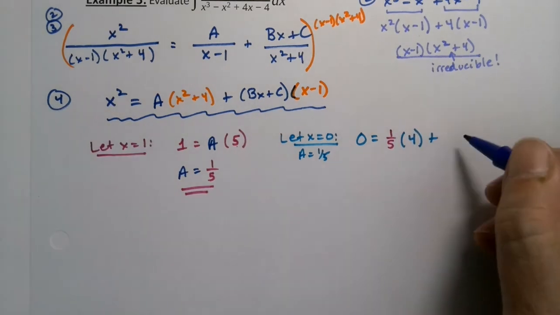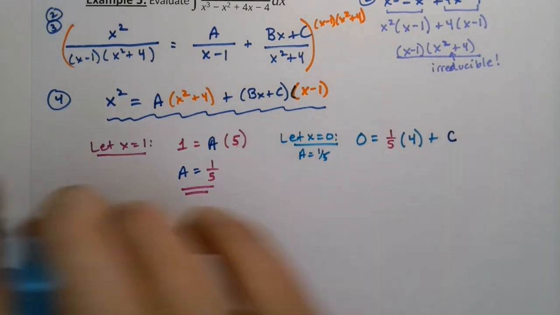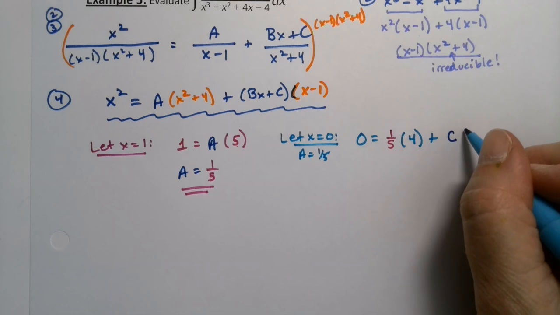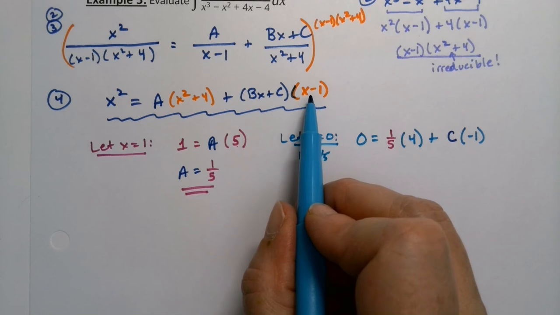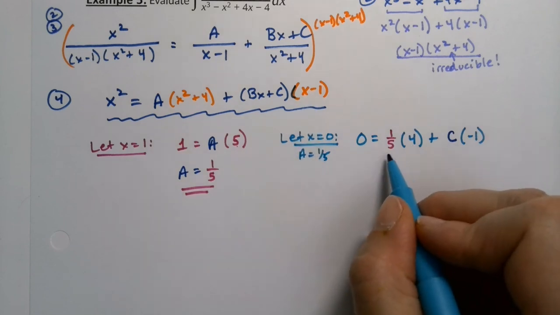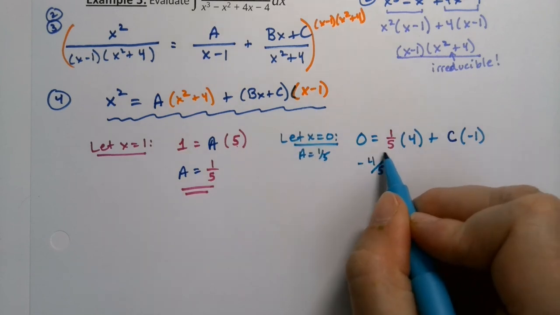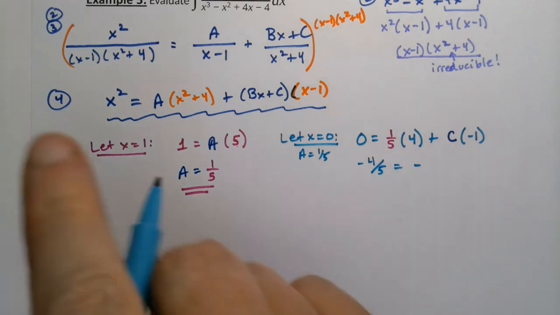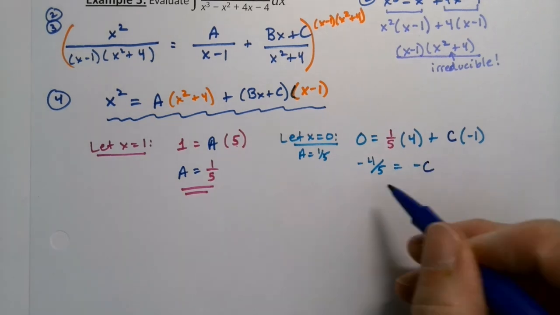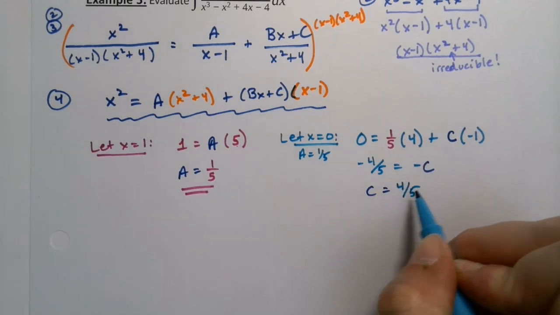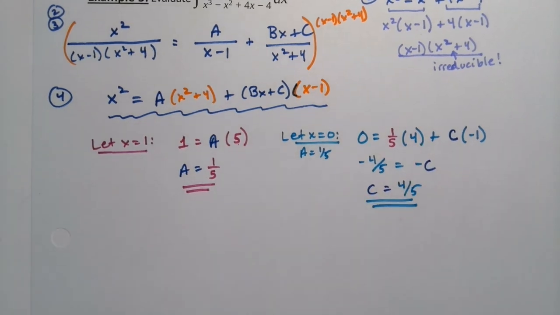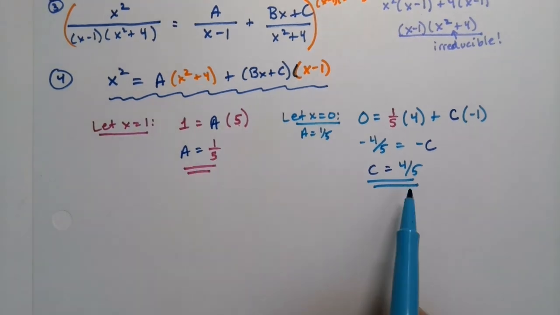So all that's going to be left is the C term times -1, right? Because 0 take away 1 is -1. Okay, so this means that -4/5, because I bring that to the other side, equals -C. So that means that C is positive 4/5. Hooray.